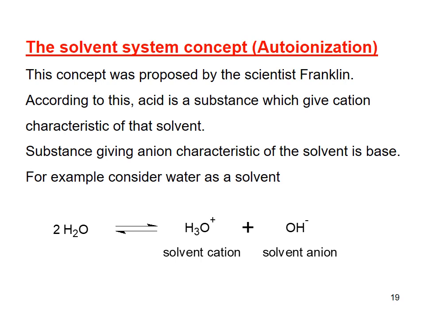So that means an acid gives a solvent cation and a base gives a solvent anion. For example, if any substance dissolved in water gives a solvent cation, that is hydronium ion, that is an acid, and if it gives a solvent anion, that is hydroxide ion, that is a base.